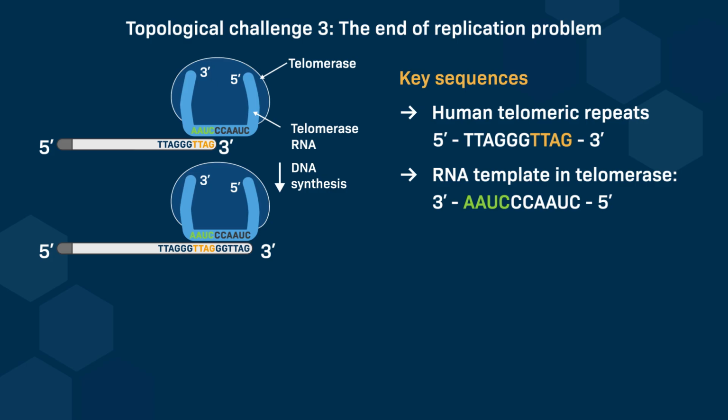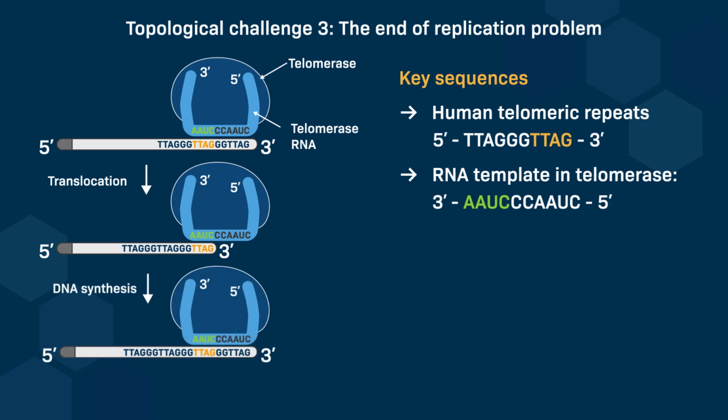The end of the newly added DNA segment, TTAG, is complementary to the RNA template sequence AAUC, which makes the reannealing of the telomerase that has dissociated from its original position possible. Therefore, the telomerase can sequentially elongate the telomere.